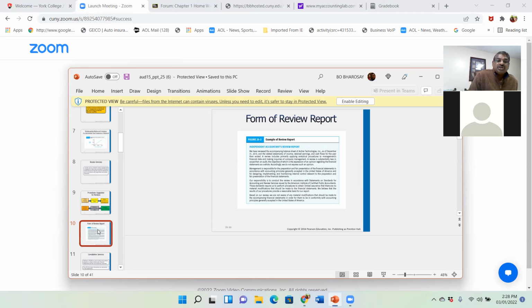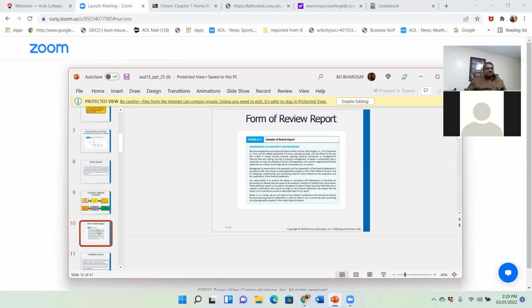Second paragraph, we outline management's responsibility. Management is responsible for the preparation and fair presentation of these financial statements in accordance with accounting principles generally accepted in the United States of America. This includes the design, implementation, and maintenance of internal control relevant to the preparation and fair presentation of financial statements that are free of material misstatement, whether due to fraud or error.